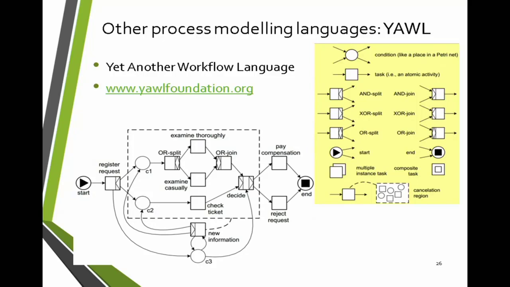The first one I want to point out, because of exactly this difference between Petri nets and BPMN, BPMN being an extremely useful, user-friendly and convenient modeling notation, while Petri nets have more the sound and ultimately correct notation. Well, the YAWL language, yet another workflow language, is a language that combines both advantages.